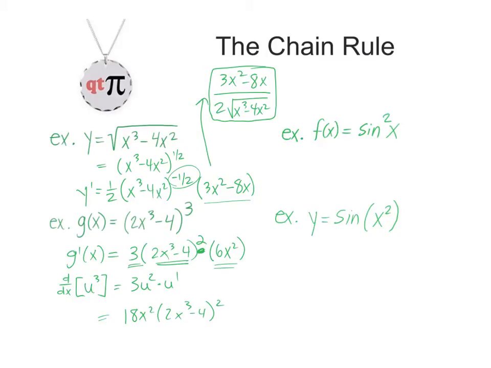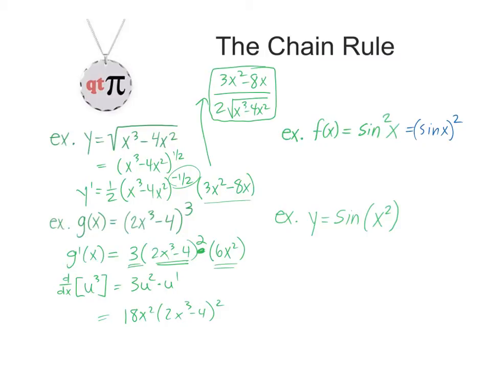All right, a couple trig ones. Now, here's how this gets a little tricky. You have to now distinguish, is this a power rule where your u happens to be trig, or is this a trig rule where your u happens to be a power? This is the same as sine of x, squared. Okay, we just put the squared on the inside so we don't confuse it with something like this next example.